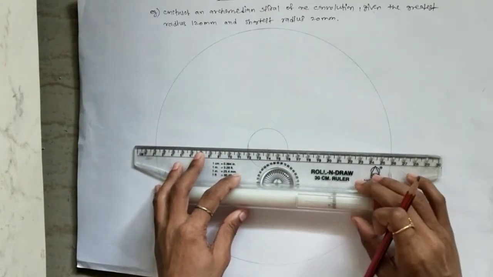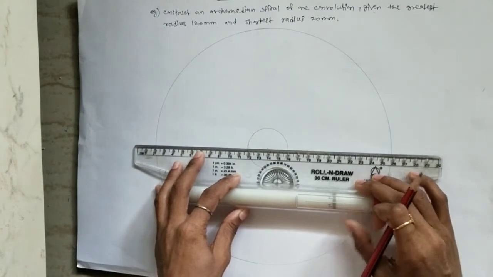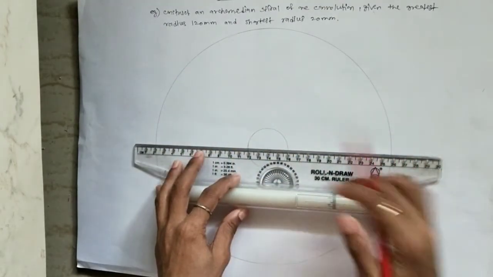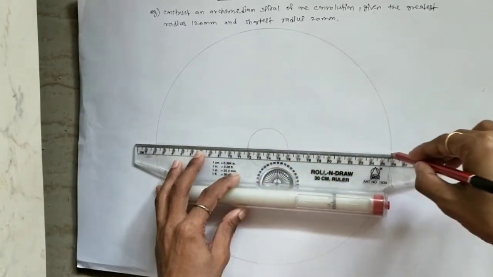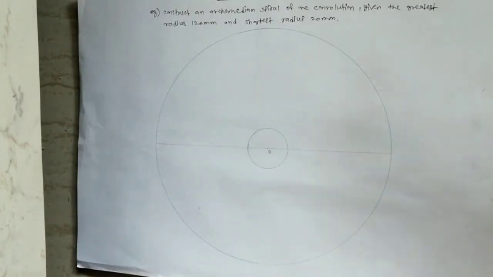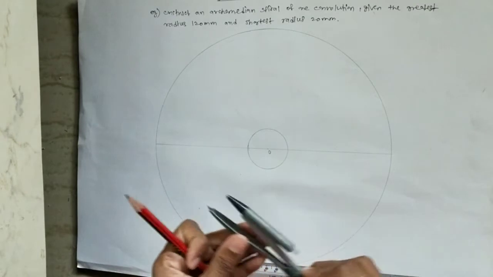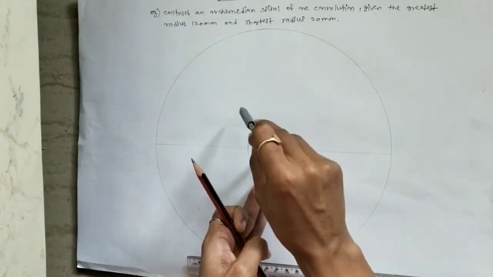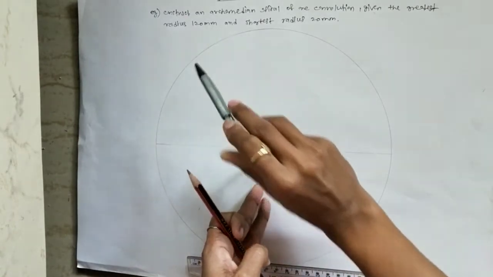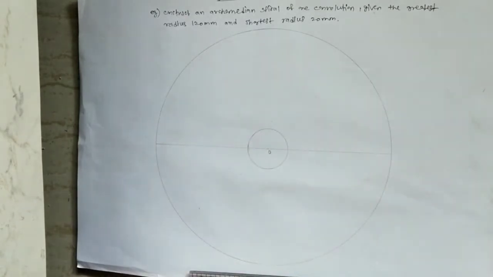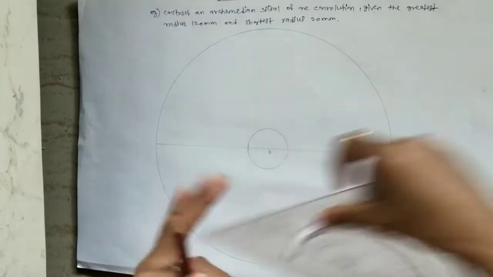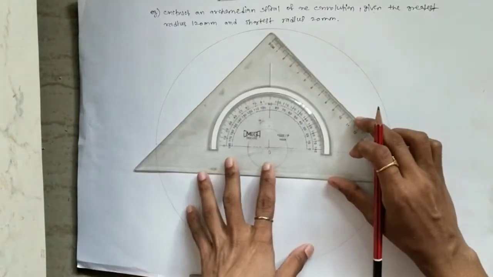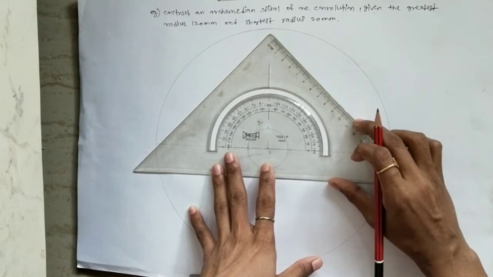First I will draw a center line and divide this circle into 12 equal parts. So each part will appear at a 30-degree angle.